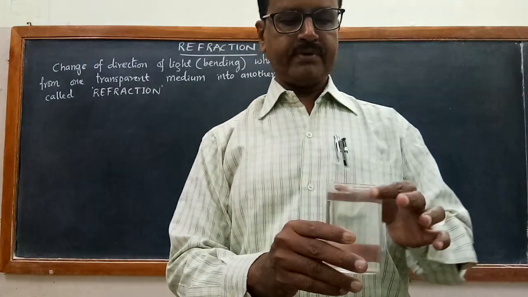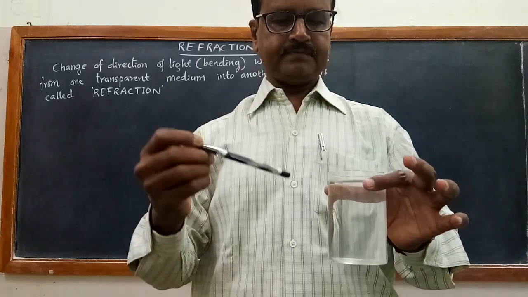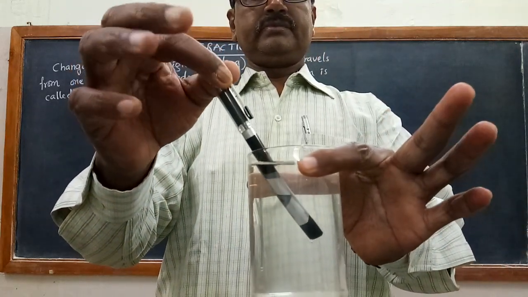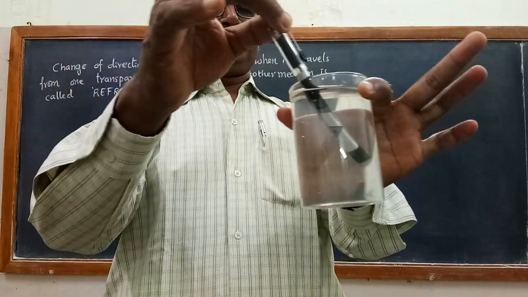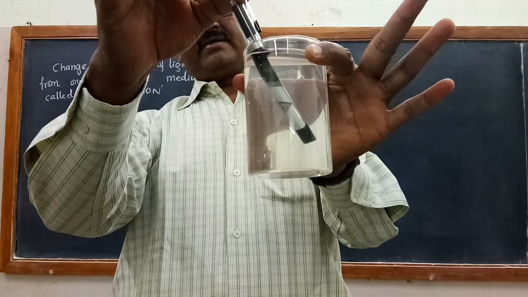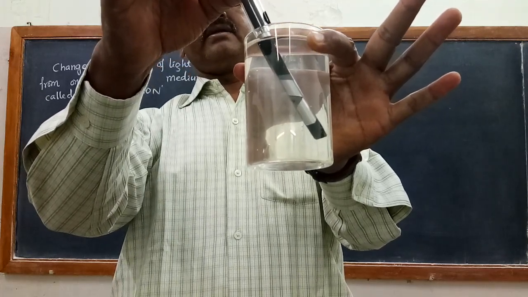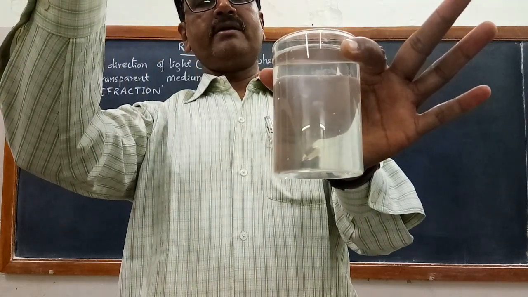I am going to keep the pen inside the water. What do you find? Do you find some bending of the pen inside the water? This is the pen in the air.